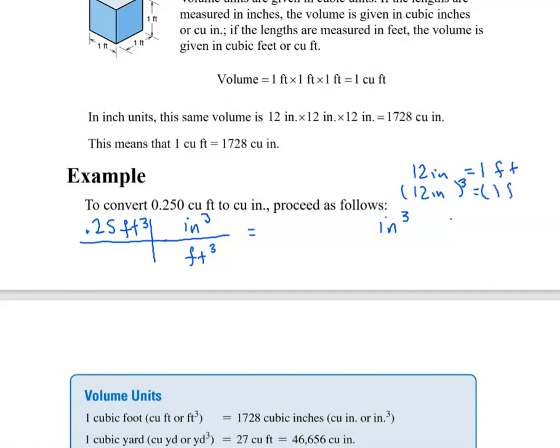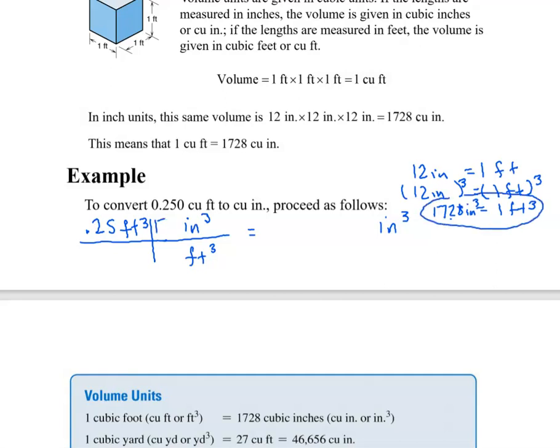Well, this right here would just turn into 1 foot cubed, but 12 times 12 times 12 is going to be 1,728 inches cubed. And so that's the statement we need to use.